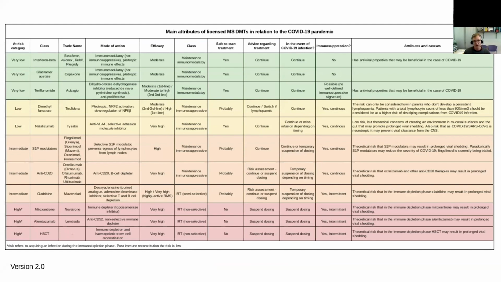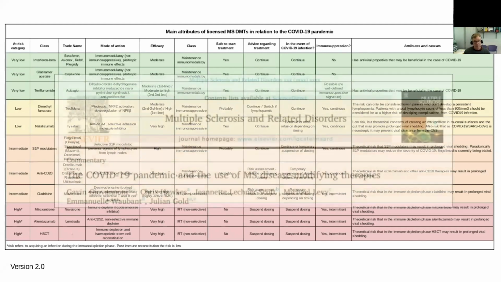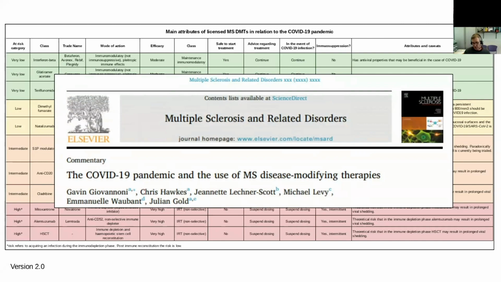The dimethyl fumarate really refers to those patients that don't have lymphopenia lower than 800. I put the S1Ps, anti-CD20s, and cladribine in the next group, and high risk was the depletion phase of mitoxantrone, alemtuzumab, and HSCT, which are the 3 categories of treatment that we aren't using at the moment. I got this published, so you can read about it.